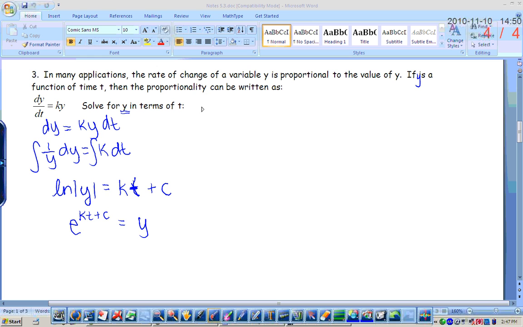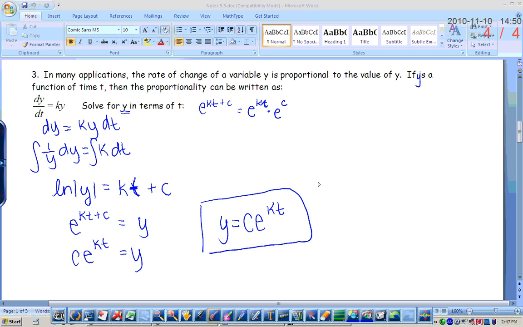Okay, and then using that property that e to the kt plus c would equal e to the kt times e to the c, I can rewrite this as c e to the kt equals y. And if you put y on the left side, you've got y equals c e to the kt.